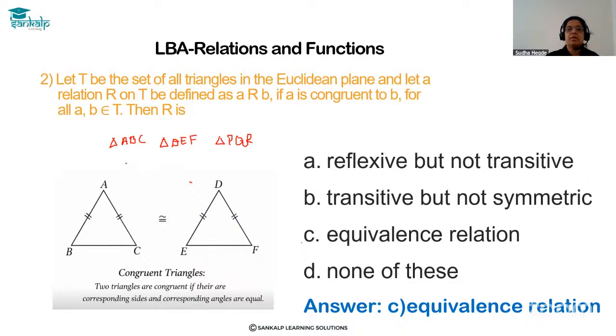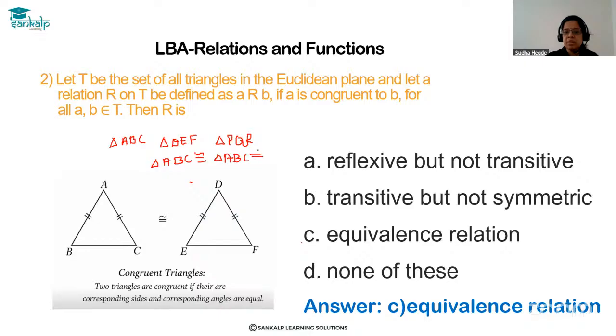Clearly, triangle ABC is congruent to itself. Therefore, triangle ABC is congruent to triangle ABC.